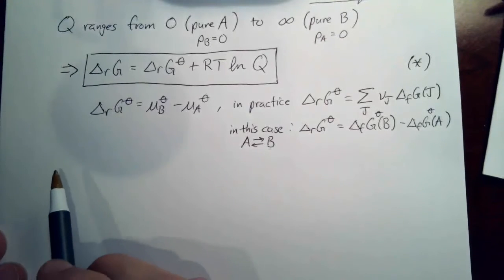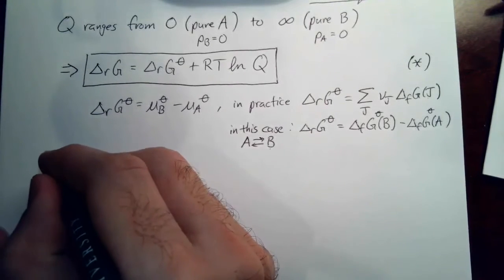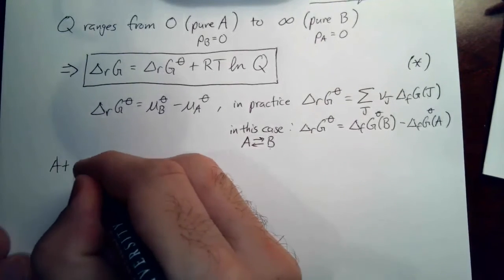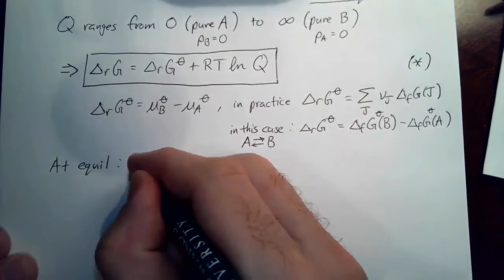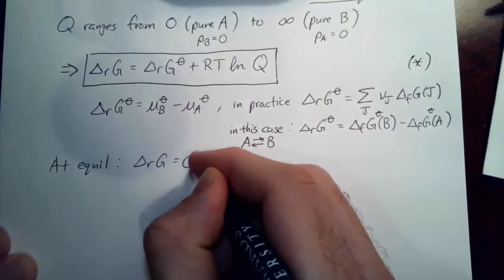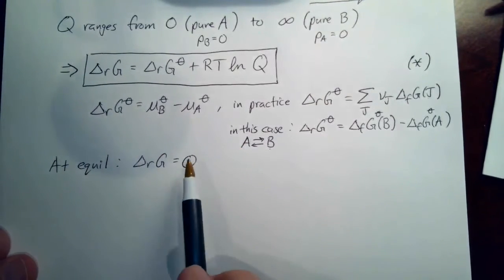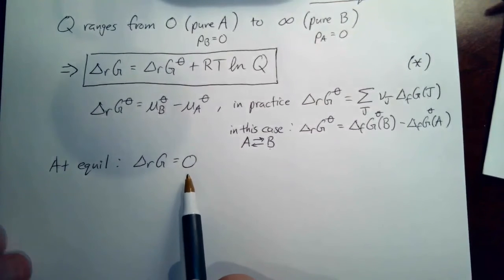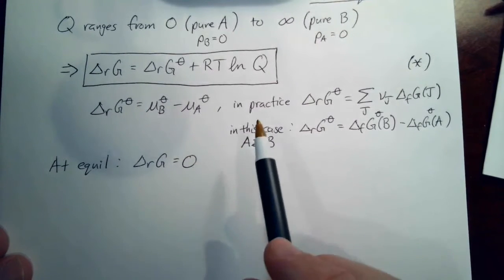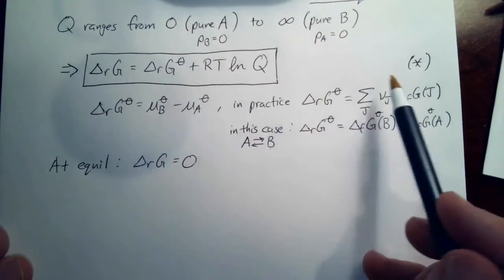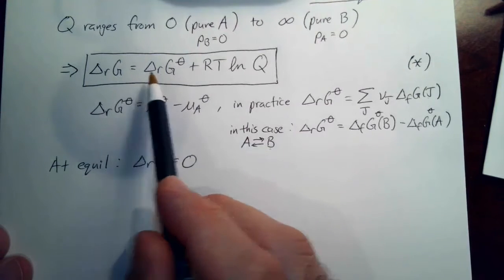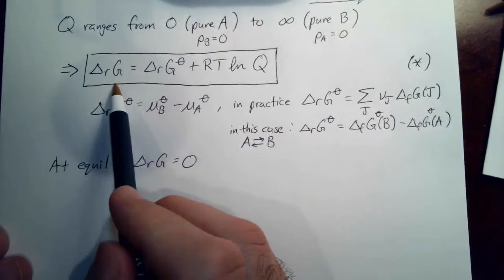Okay, as we covered previously, at equilibrium, delta RG is equal to 0. And we covered that in 6A.1. And if I take this and I put it into my equation star here, the left-hand side becomes 0.